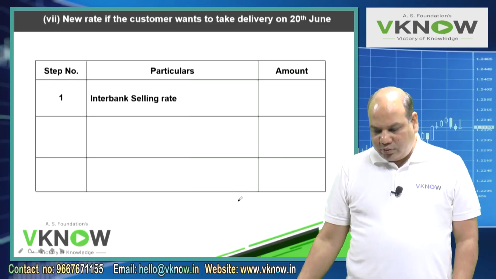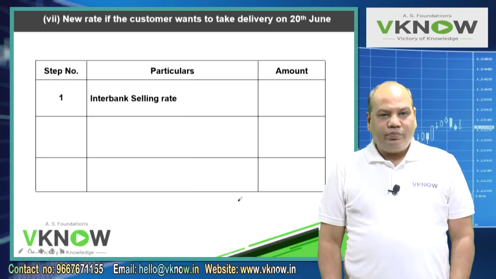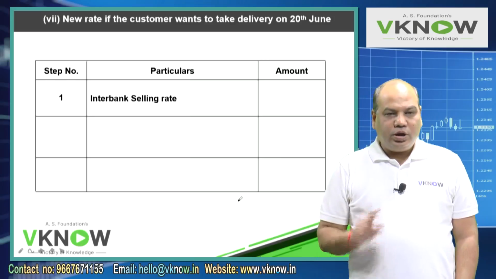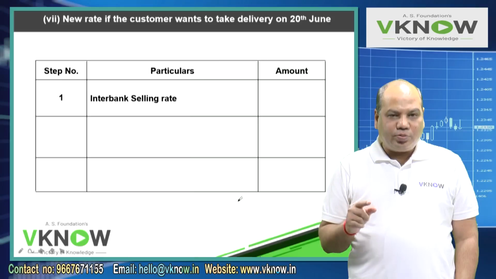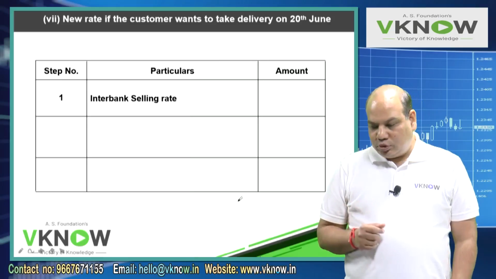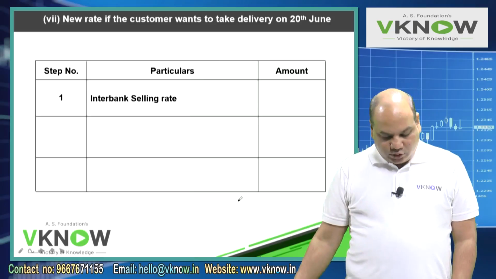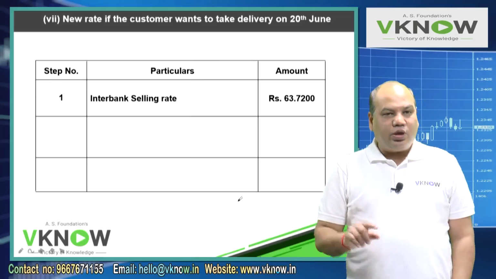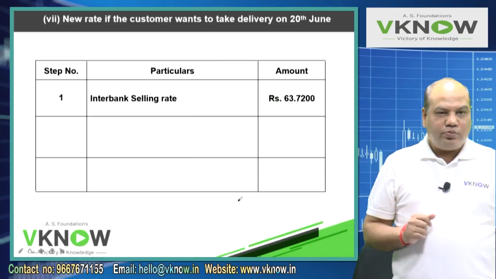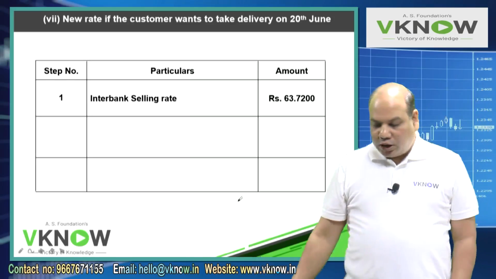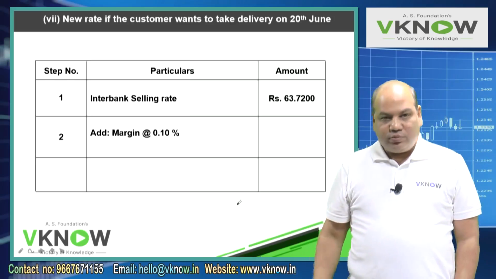Step number 1, interbank selling rate in bracket spot, bracket close. So that is, you will see 63.7200. First line, 20th June selling rate, and we are going to add margin.